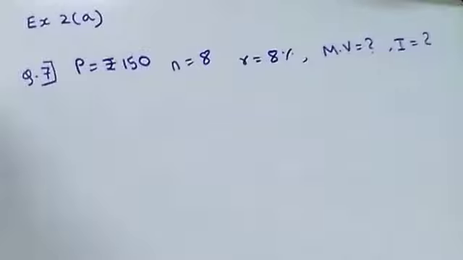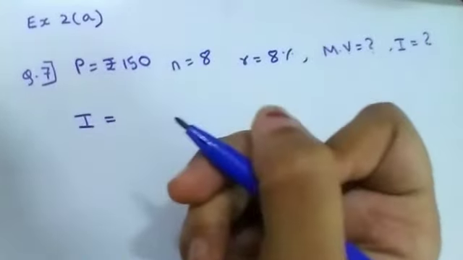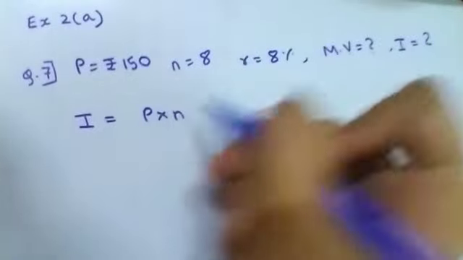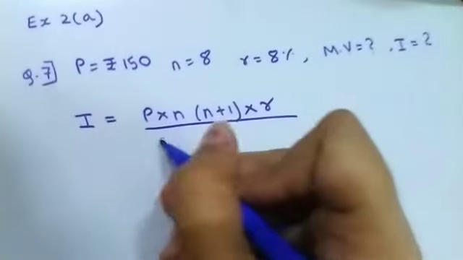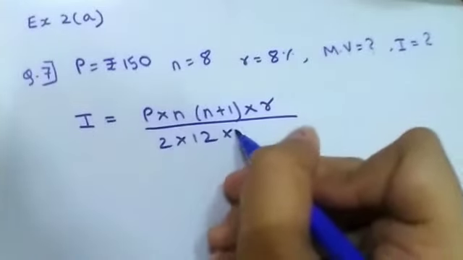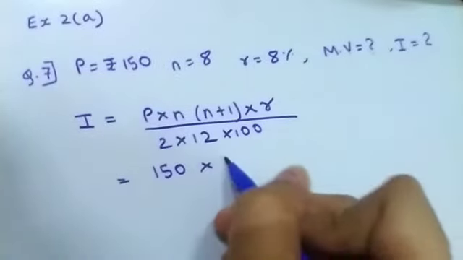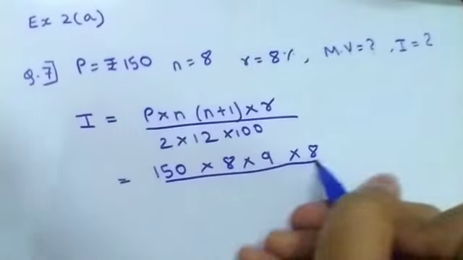So let's do the sum. What is the formula for interest? I had mentioned it in part 1 of the video, which was the introduction video. I equals P into n plus 1 into R divided by 2 into 12 into 100, which equals P is 150, n is 8, n plus 1 is 9, R is 8.